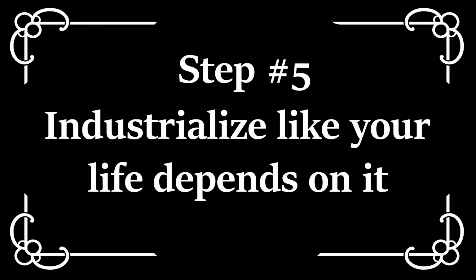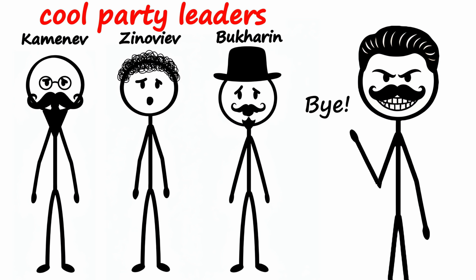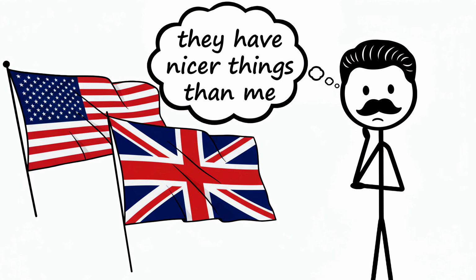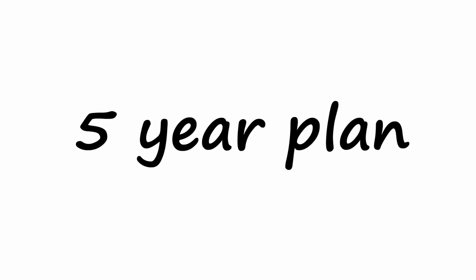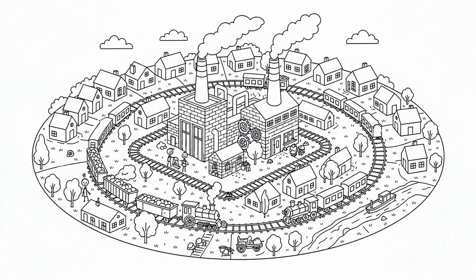Step number 5. Industrialize like your life depends on it, because it might. Once the rivals were gone, Stalin needed results. He needed to catch up to his Western buddies or be left forever behind. And our Joey was never gonna let that happen. Through the 5-year plans, Stalin turned a mostly agrarian society into an industrial powerhouse.